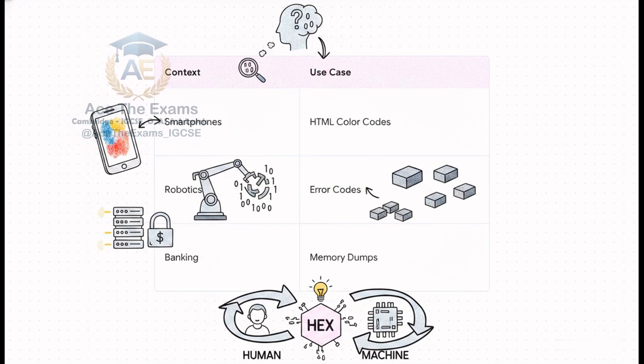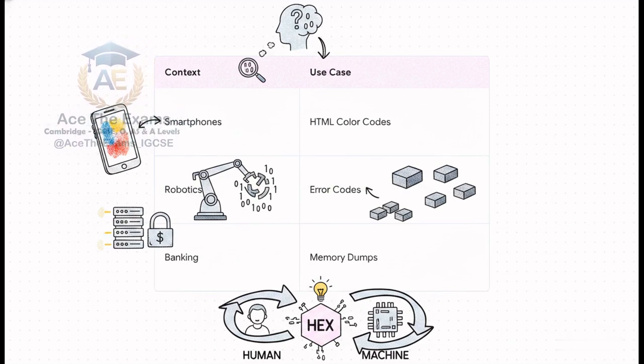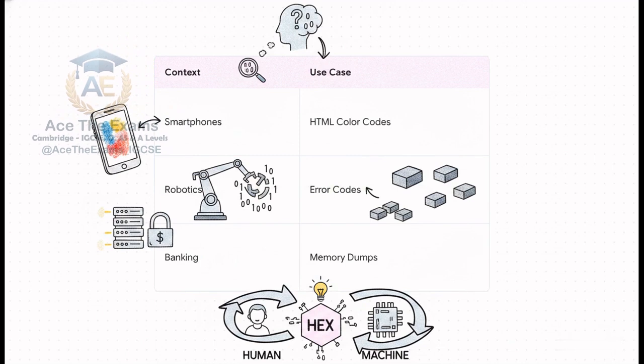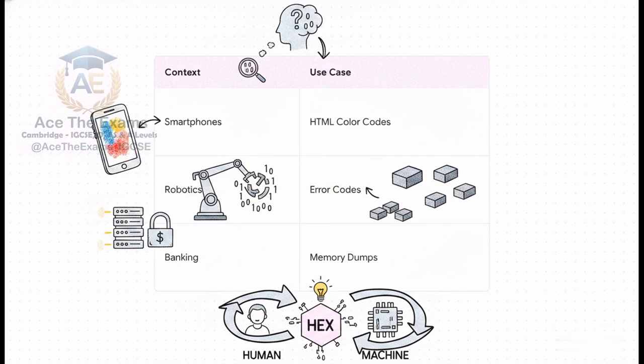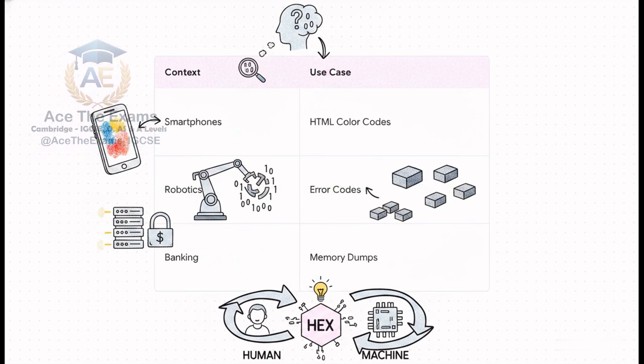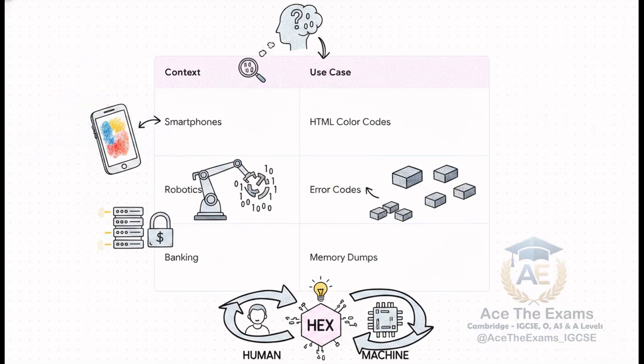Think about it. The answer is that hexadecimal always acts as the vital, necessary bridge between complex machine-level binary and human developers. It does not matter if an engineer is staring at an error code on a jammed industrial robotic arm, or if a cybersecurity analyst is meticulously reviewing a massive memory dump after a secure banking breach, or even if a mobile developer is just tweaking an HTML color code to make an app look prettier on a smartphone.